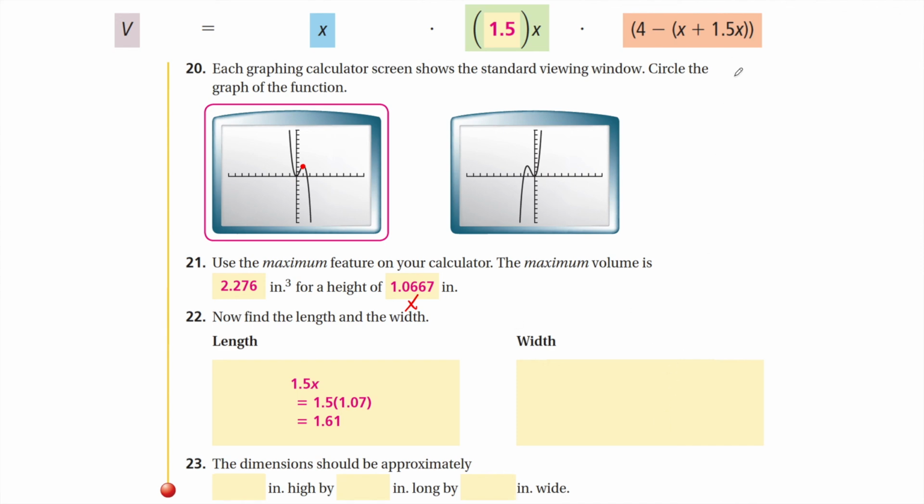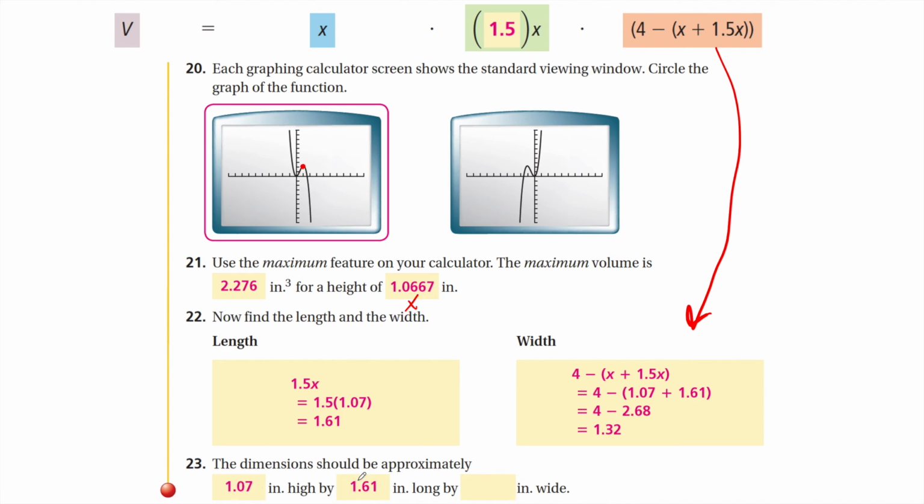The width is going to be the orange portion, so again, we're just going to plug in our 1.07 into all the x values, and you'll get 4 minus the original, and then we have 4 minus 1.07 plus 1.61, which is roughly 4 minus 2.68, which equals about 1.32. Therefore, the height is going to be 1.07, the length is 1.61, and the width is 1.32.